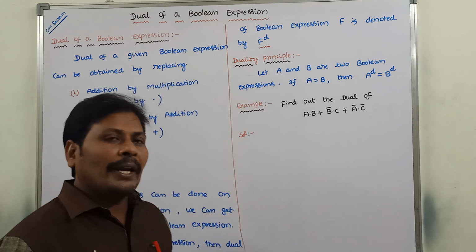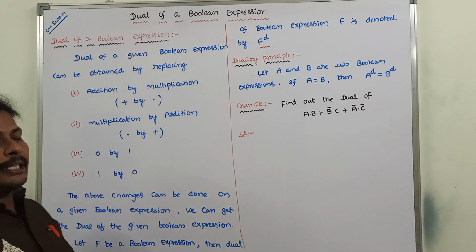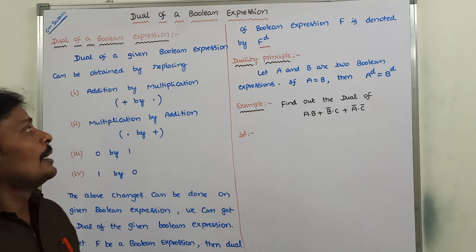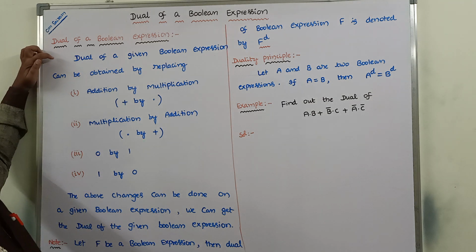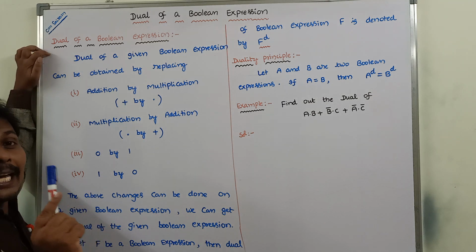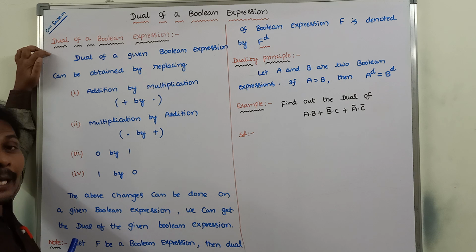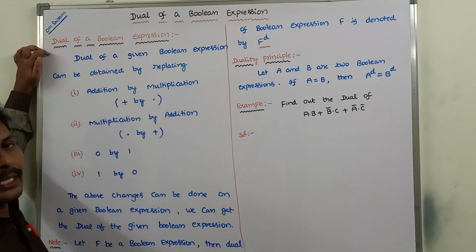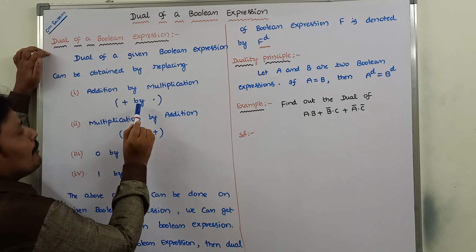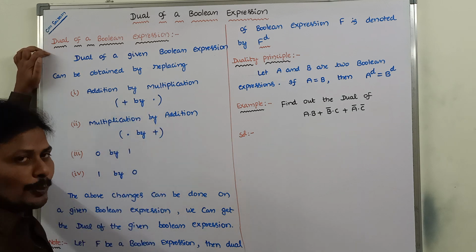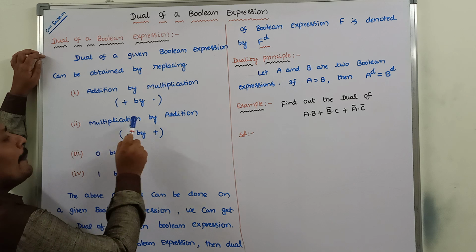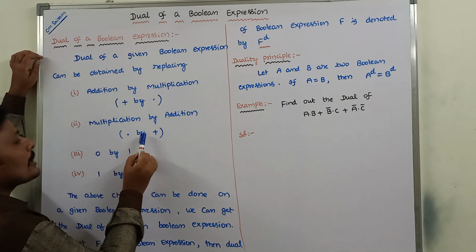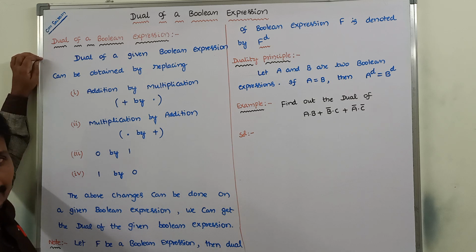Now in this video, first of all, what is the dual of a given Boolean expression? The dual of a given Boolean expression can be obtained by replacing addition by multiplication, that is, plus can be replaced by into. Second, multiplication by addition, that means into is replaced by plus.